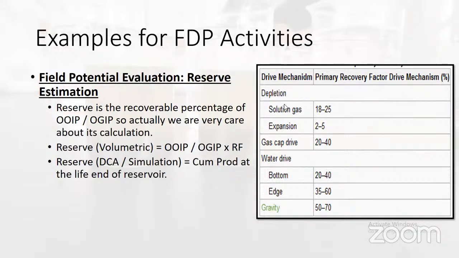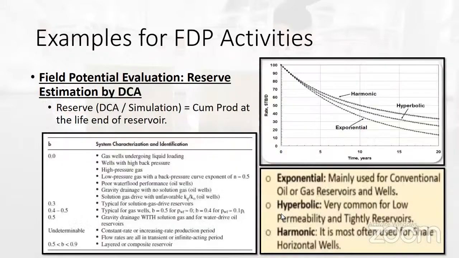For the assumptions for the recovery factor, you can use data for depletion drive, gas cap drive, water drive, and gravity drive. For the DCA, as you can see, we have 3 patterns for decline. We have the harmonic, we have the hyperbolic, and we have the exponential.